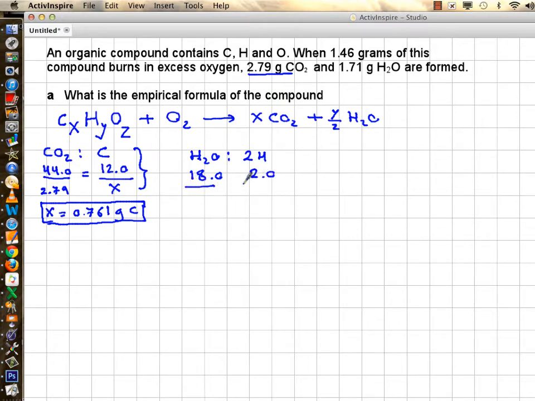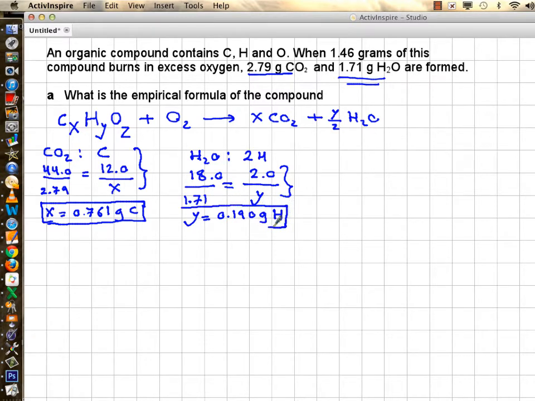Let's go after the information in the question: 1.71 grams of H2O contains Y grams of hydrogen. When you cross multiply, Y happens to be 0.190 grams of hydrogen.